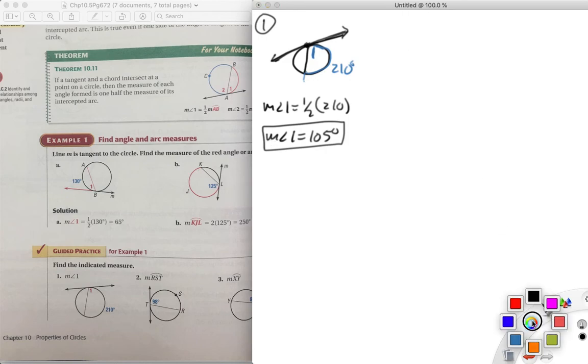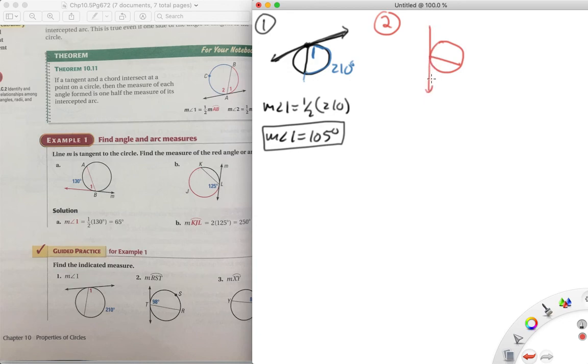All right, now number 2, when we have a circle, we have a chord right here. Here's our tangent line. And this guy is 98 degrees.